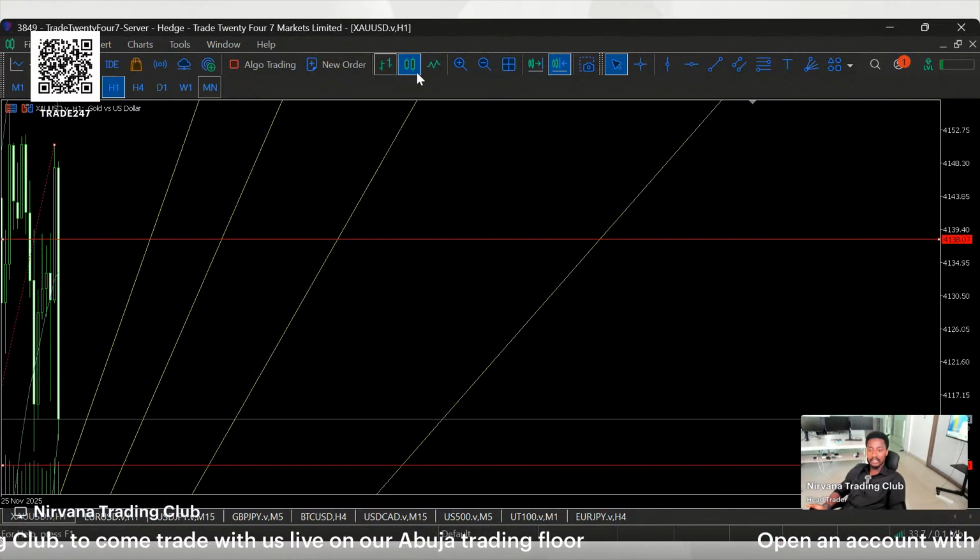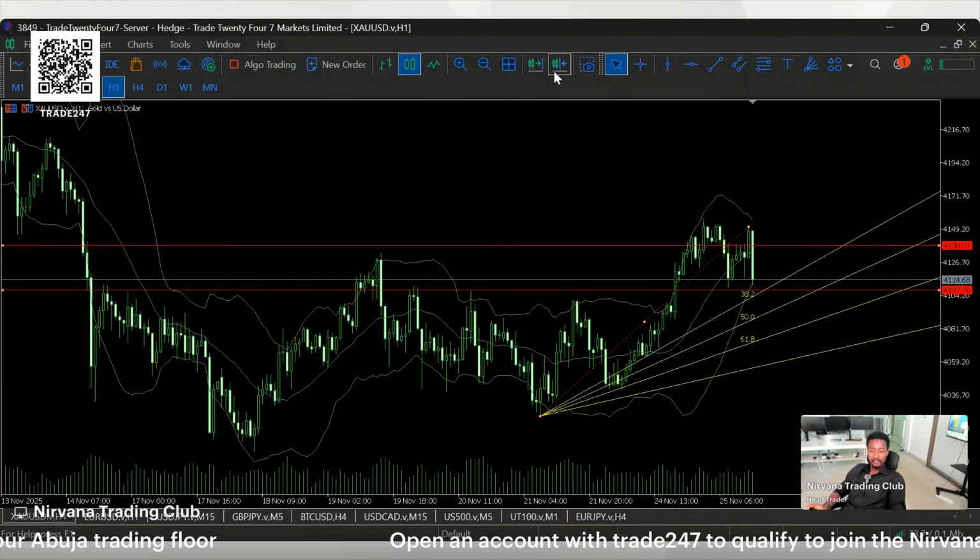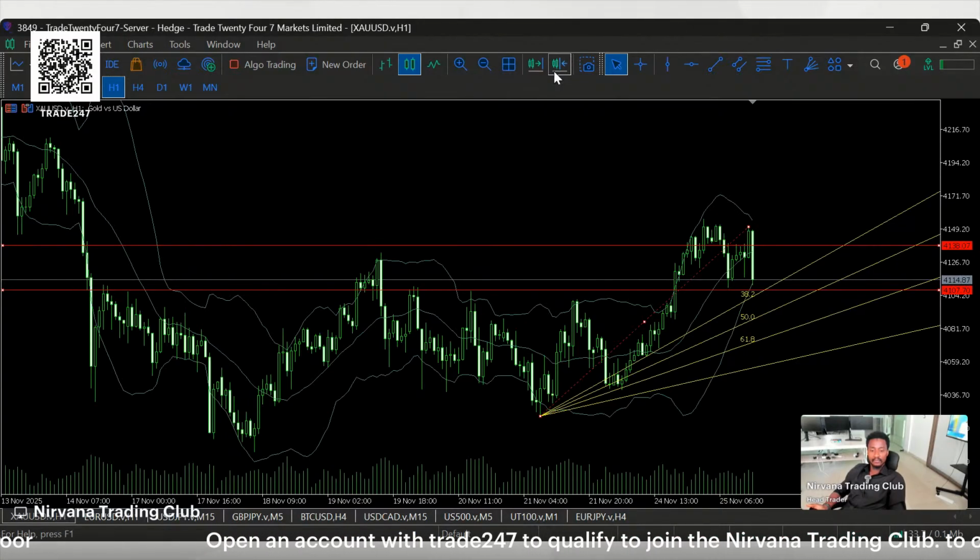Gold is still declining in price. So retracement is fully active.